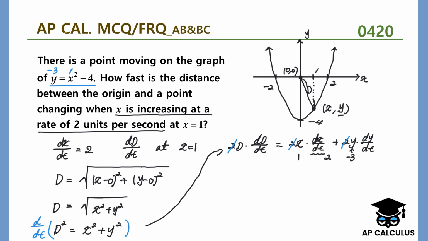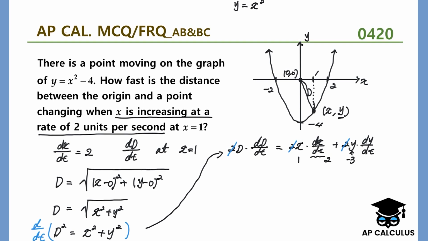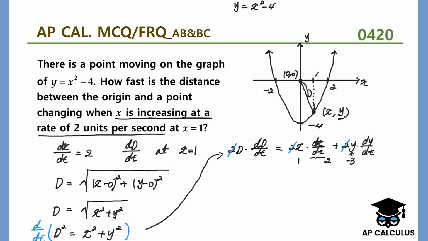Okay, let's erase this. So let's write y is equal to x squared minus 4. We're going to differentiate this equation to find the derivative of y with respect to time t.